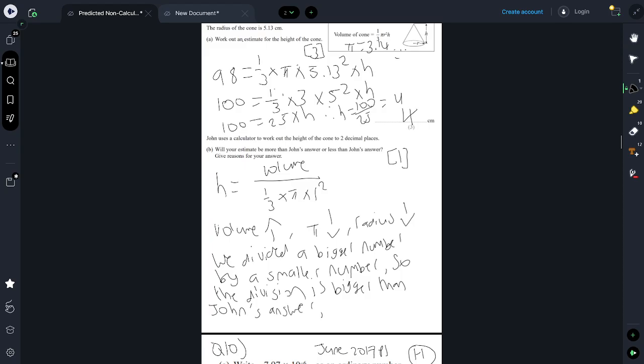Because if you increase the top number, that's going to make the division larger. But also, if you divide it by a smaller number, you are going to make it larger as well.